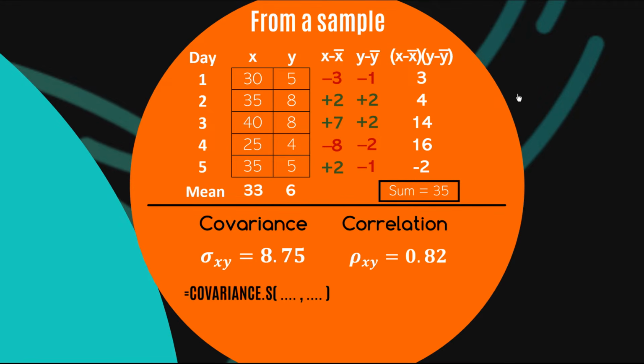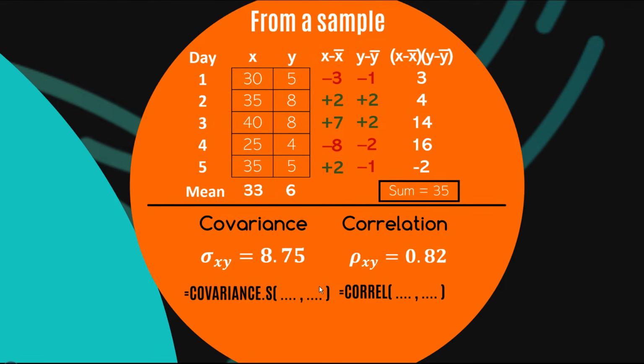Now you can totally calculate this purely by using Excel formulas. You don't actually need to go through this long process. I just tried to show you what's under the hood, so to speak, of these Excel formulas. But if you try to find the covariance of 2 variables, you can write equals covariance.s for a sample. And then in here you put the 2 arrays, which would be the x vector and the y vector.